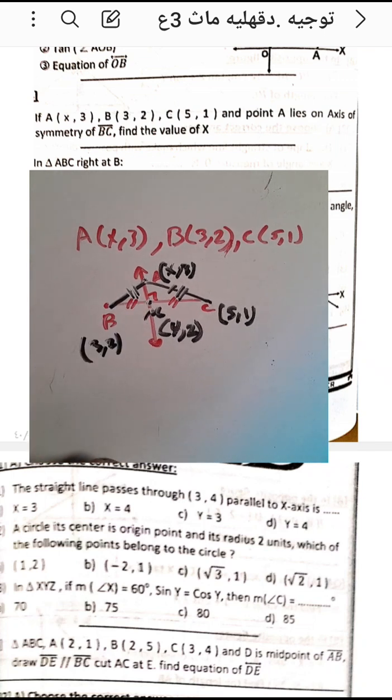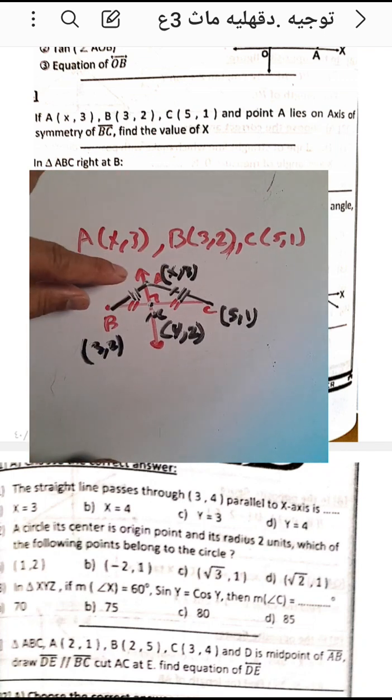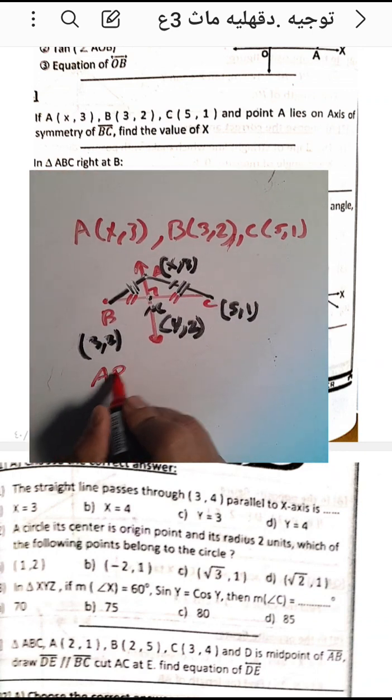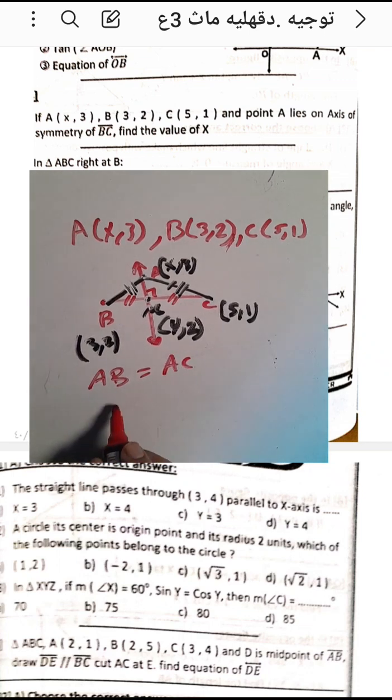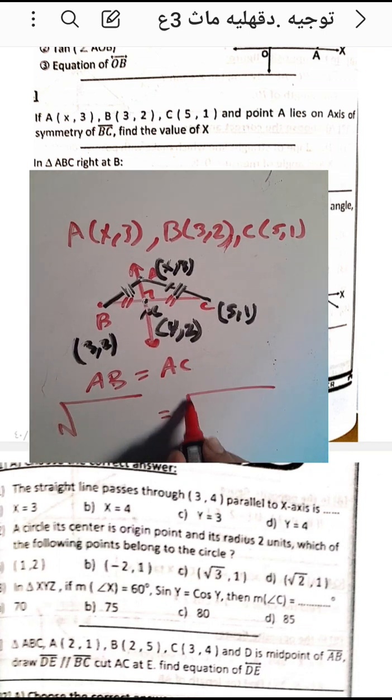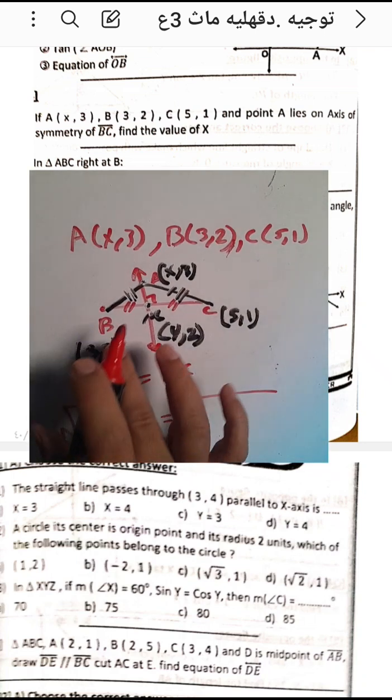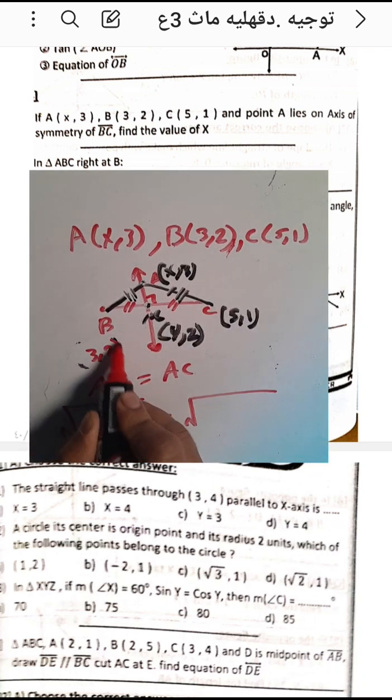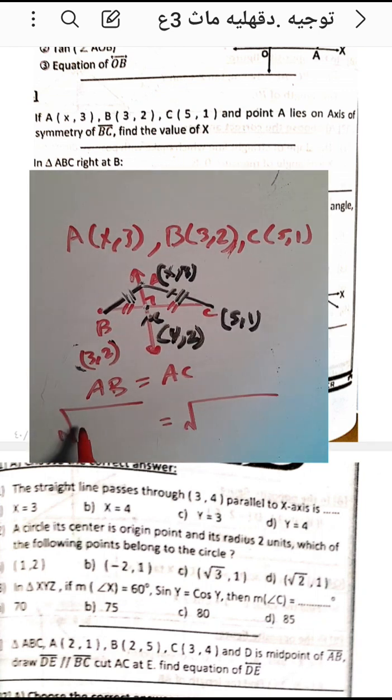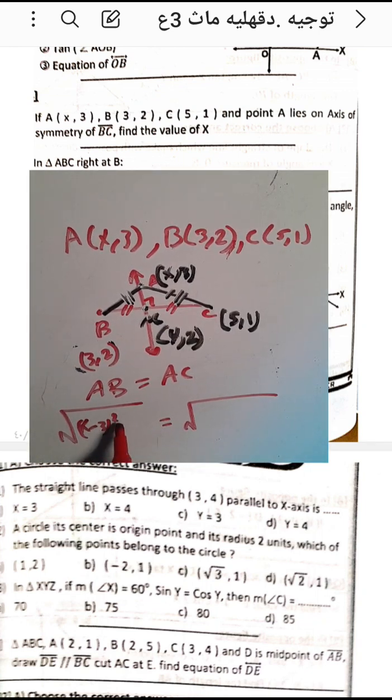If you want to find x only, you can use the rule AB equals AC and solve the equation. We know AB equals AC, then we can use the rule: AB is the square root of (x minus 3) power 2, since B equals 3 and 2, plus (3 minus 2) power 2.